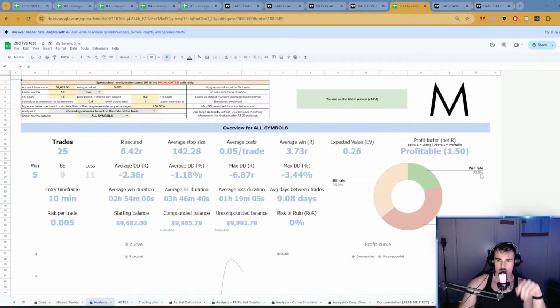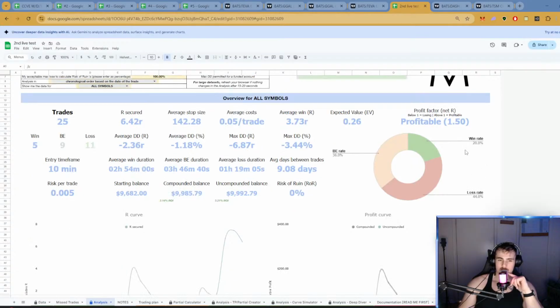I have a 20% win rate on my live trading system here. 44% of the time I lose, and 36% of the time I break even. So I can allow myself to lose with capped downside, meaning I know that when I lose, I'm only going to lose 0.5%, 1%, whatever you're risking.